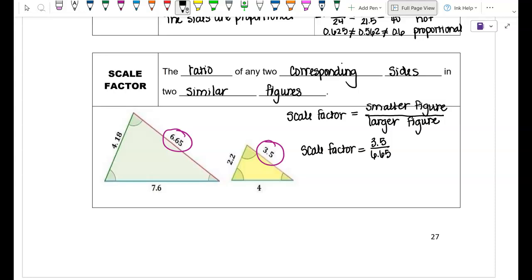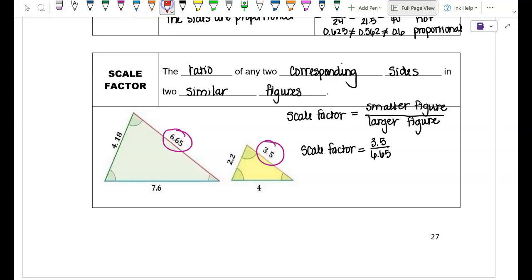Now, to find its scale factor, I have to be able to reduce this. Now, if you leave it in decimal form and you put it in your calculator, it's going to give you a decimal back. But anytime you have decimals in a fraction, you can multiply them out. I need to move the bottom one 2 decimal places.